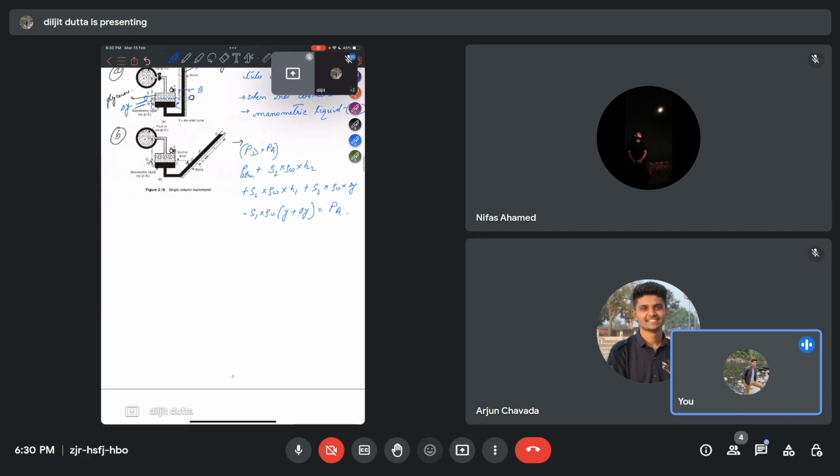So let's put in the values. Let's say P atmosphere to be 0, plus (H1 plus H2 plus delta Y) into S2, minus delta Y into S1, minus Y into S1, equals PA by gamma W. Sorry, this is not rho W, this is gamma W, that is specific weight.